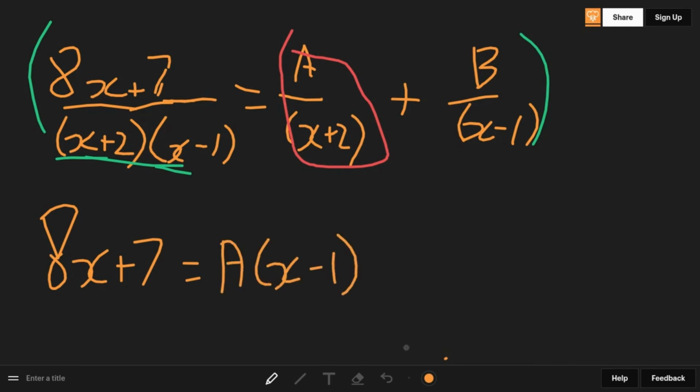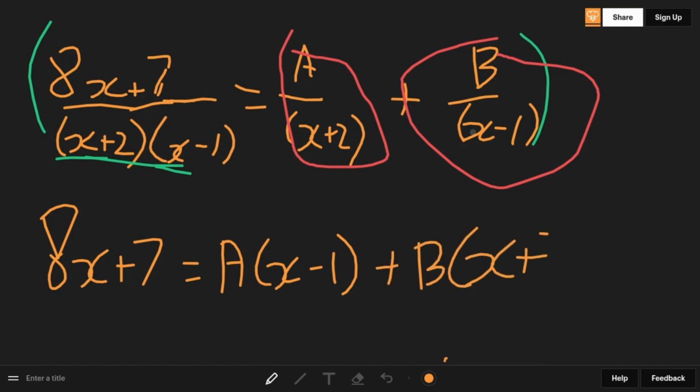And similarly, when I do the thing over here for this section, the x minus 1s are going to cancel out, so I'll be left with B times (x plus 2).